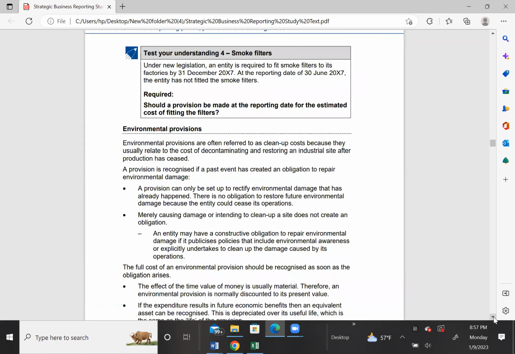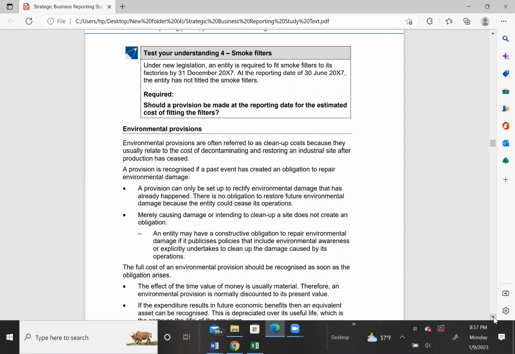Now read test your understanding 4. Under the new legislation, the entity is required to fit smoke filters to its factory by December X7. At the reporting date of 30th June X7, the entity has not fitted the smoke filter. He has asked me, should we recognize a provision to install smoke filters?